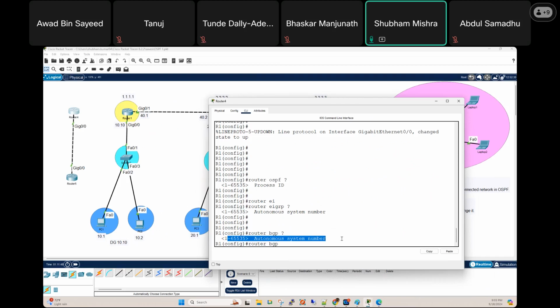If you are configuring OSPF, by default all routers are in the same AS, and you do not have the option to configure a different AS number because in OSPF there is no concept of AS number. OSPF supports process ID, not AS number. But in EIGRP we have the option of AS number, and in BGP we have the option of AS number.